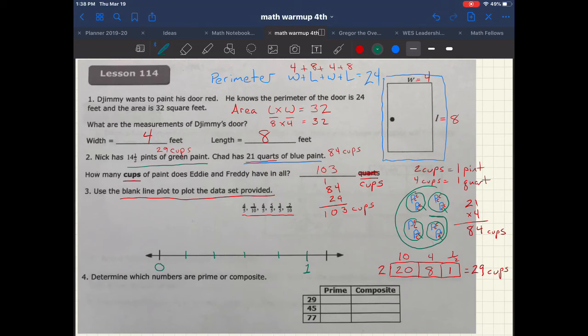So here's 0. There is 1 fifth, 2 fifths, 3 fifths, 4 fifths, and of course 1 is 5 fifths.